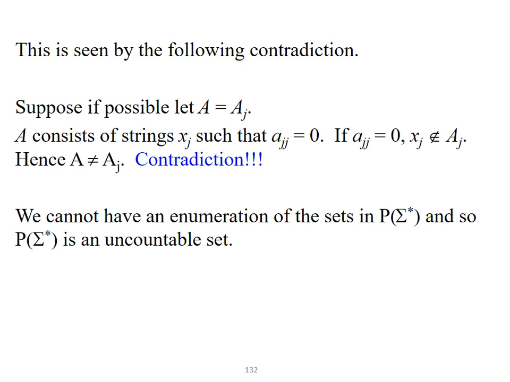So we assume it's equal to some subset Aj, and then we try to derive the contradiction. Okay, so let's see. If we assume A equals Aj, that means we have some string Xj such that Ajj equals 0. If Ajj equals 0, that means the string Xj is not in Aj.